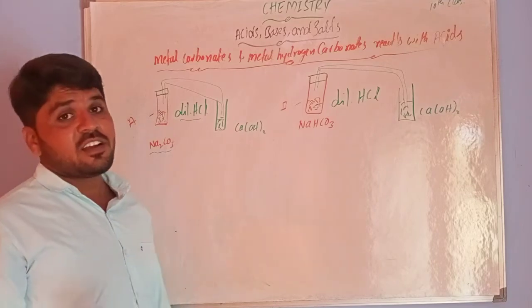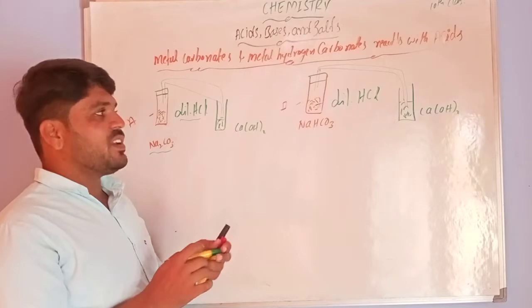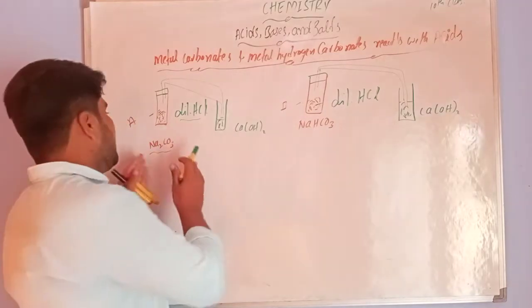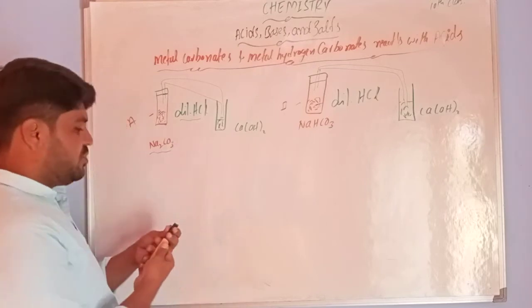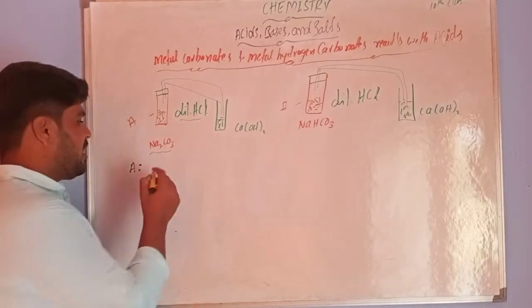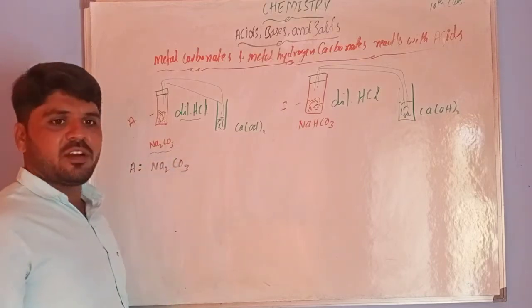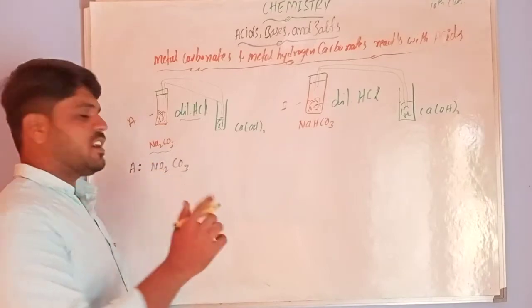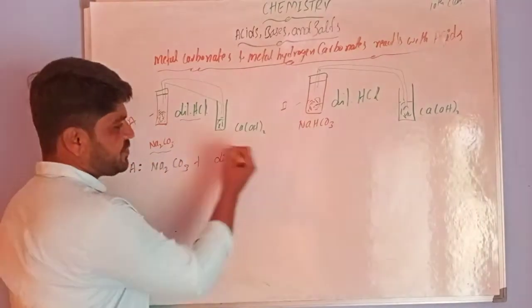Let me first write the chemical reaction involving test tube A and test tube B. For A, sodium carbonate, Na2CO3, reacts with dilute HCl.